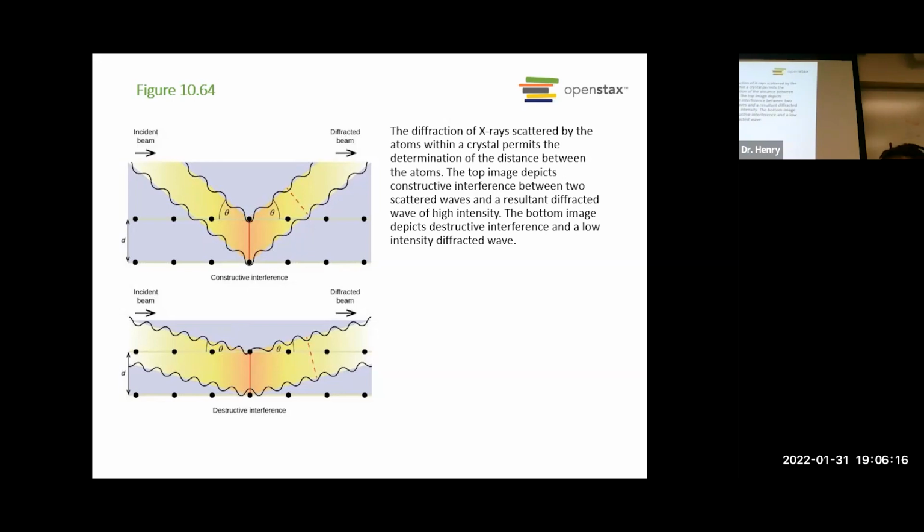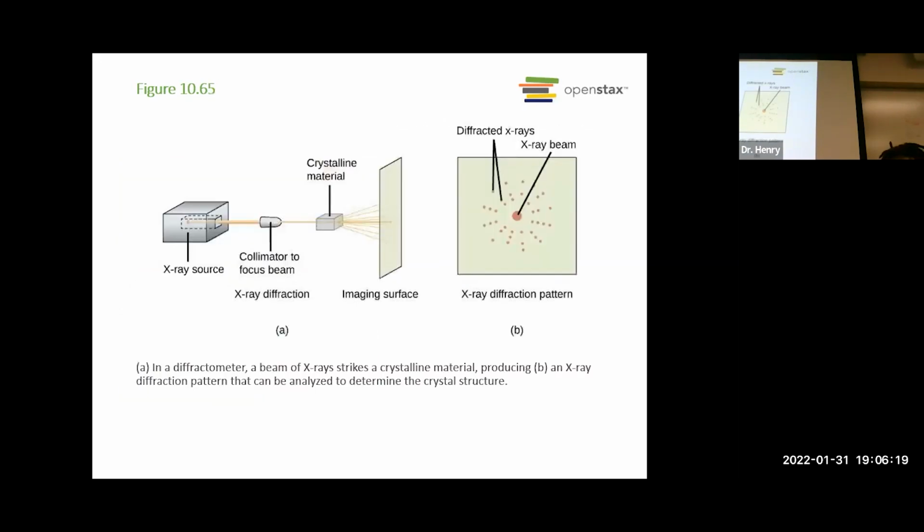Okay. And this is just showing you the diffraction of X-rays. Those are crystalline materials. And so this here shows us the diffraction point. So we're able to use that as a means of calculating the distance between the two atoms.